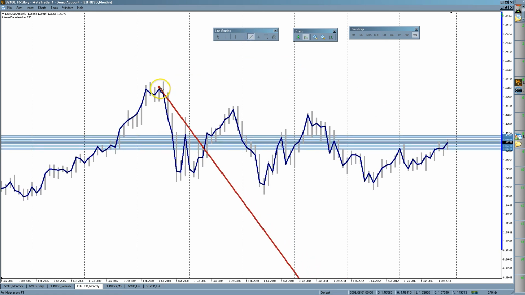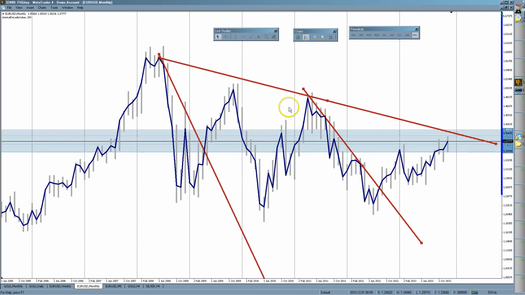I mean, in hindsight, we're coming up on the larger triangle, but we already broke out of the first, this one down here, this triangle that was the big one, when the euro was going to go to hell in a handbasket, the tough style.